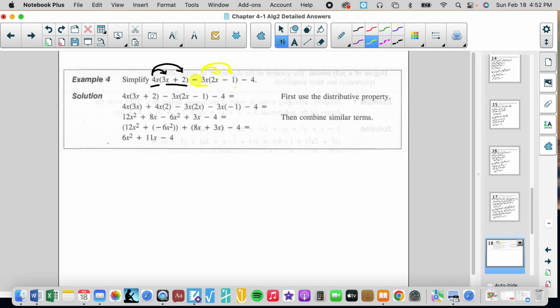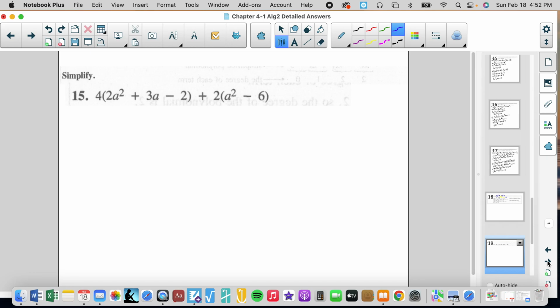We can't combine either of these. And then we've got this constant out here that we will attach later. So you see 4x times 3x, 4x times 2. When we distribute, it's 4x times 3x, 4x times 2, negative 3x times 2x, negative 3x times negative 1, minus 4. And then we put them in standard form, we combine like terms, and we put it in descending order.